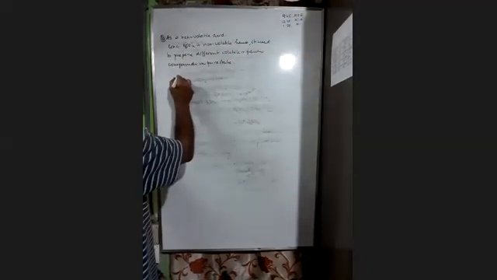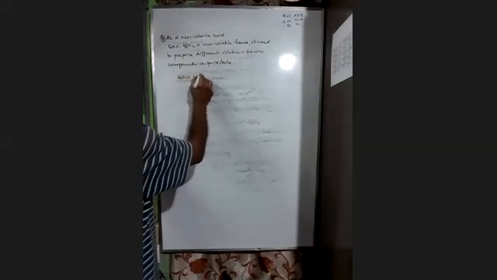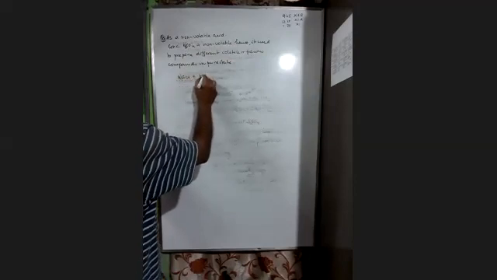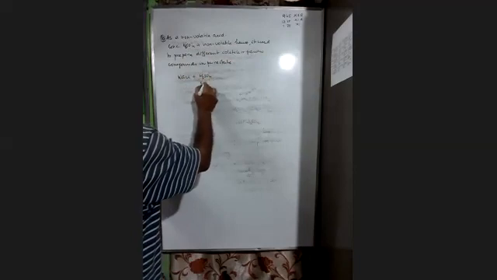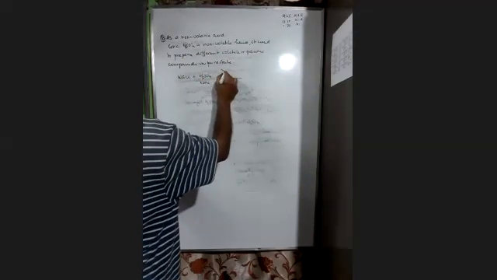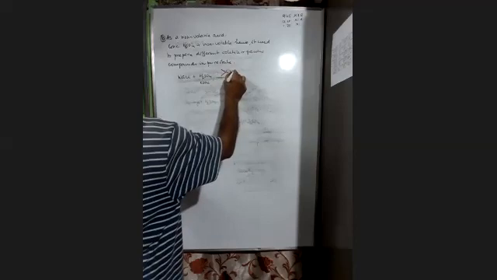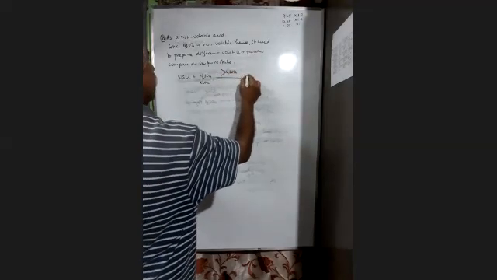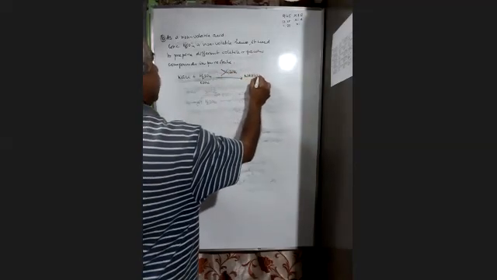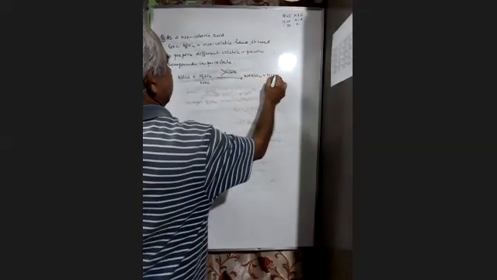Example, suppose I have taken sodium chloride and concentrated H2SO4. If I heat it below 420 Kelvin, I will get here sodium hydrogen sulfate and HCl gas, pure form.